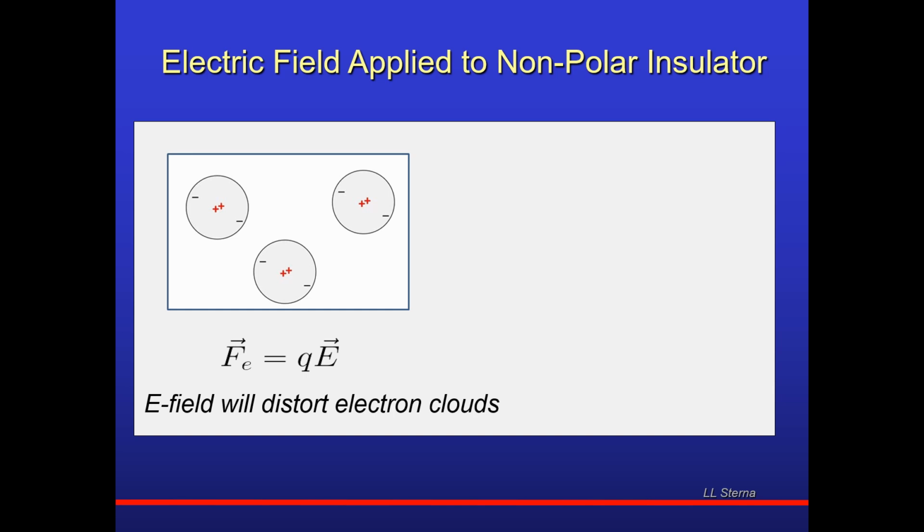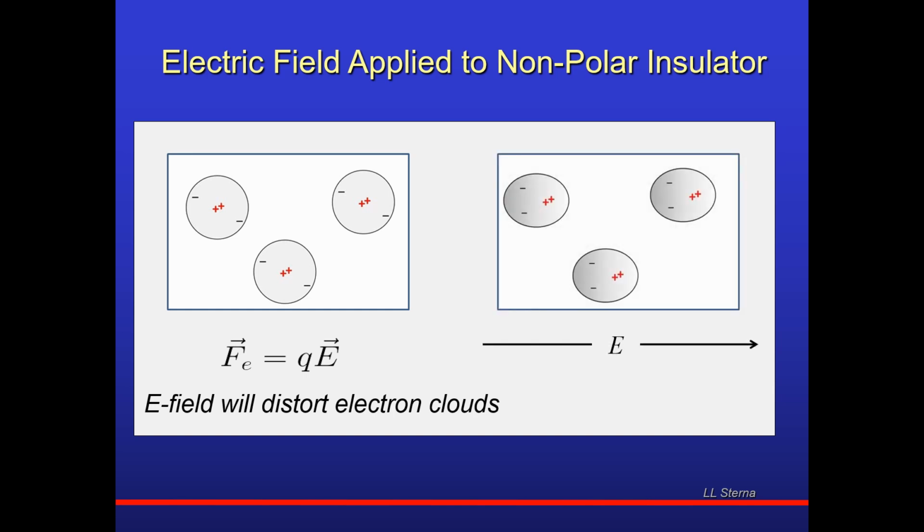So let's consider what happens when you apply an electric field to a sample of helium gas. You see, you have induced a dipole in each atom of helium. The nuclei have not appreciably moved, but the electrons, which are much lighter, have moved opposite to the direction of the field.